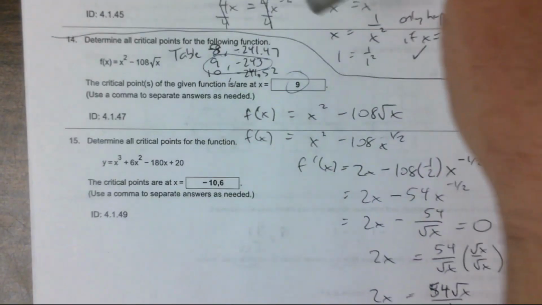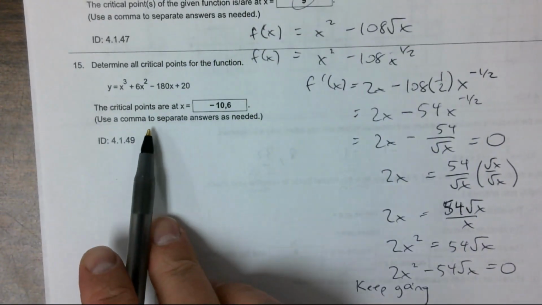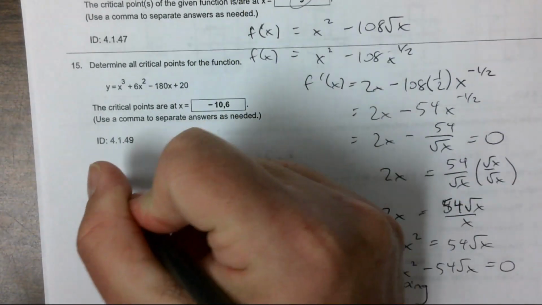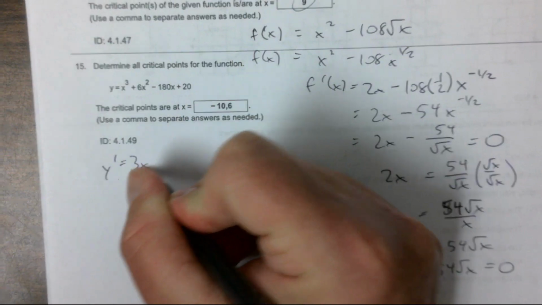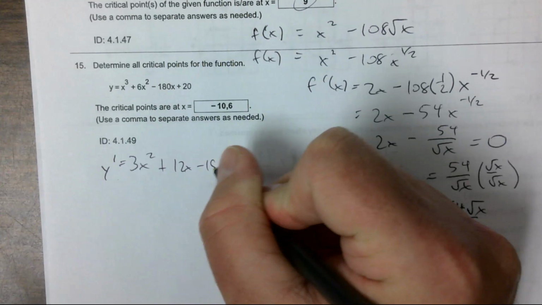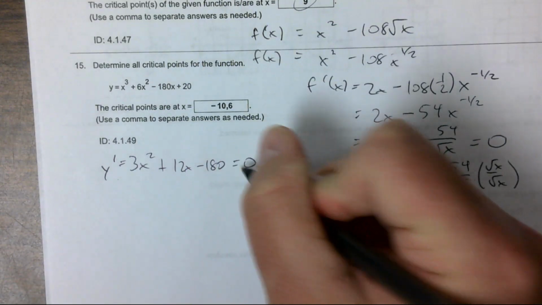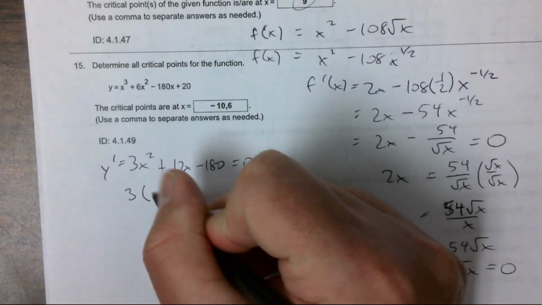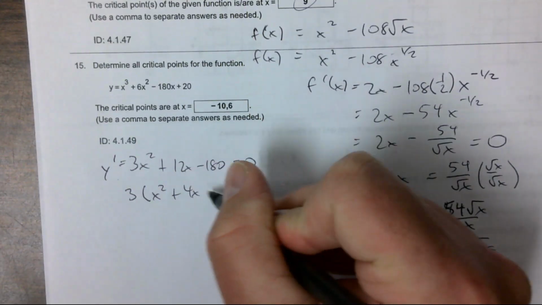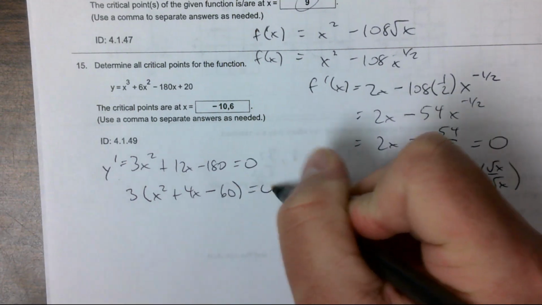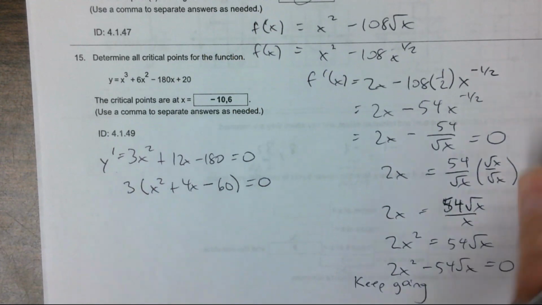Now, for your last problem, this one we probably could just get your derivative. 3x squared plus 12x minus 180. Set that equal to 0. This is when you could do your factoring. X squared plus 4x minus 60, right? Divide by 3.